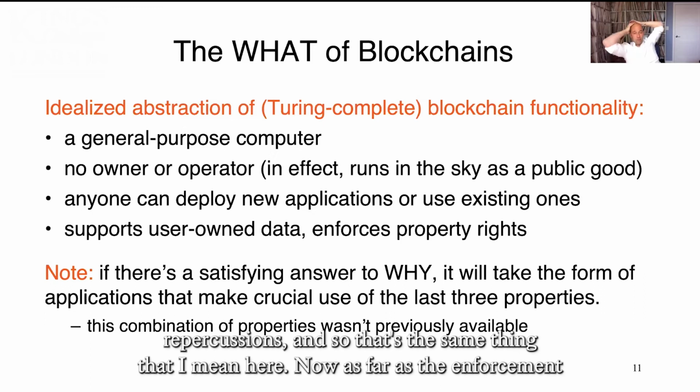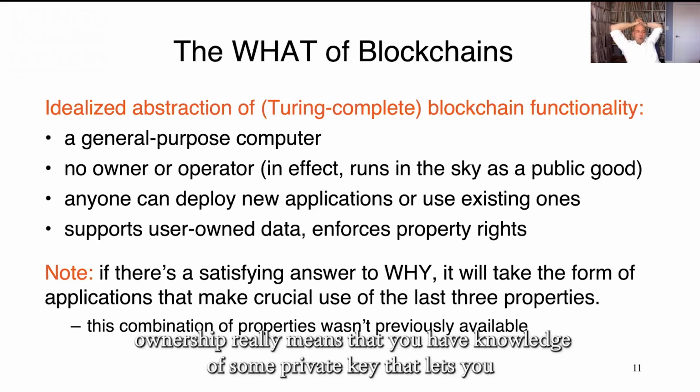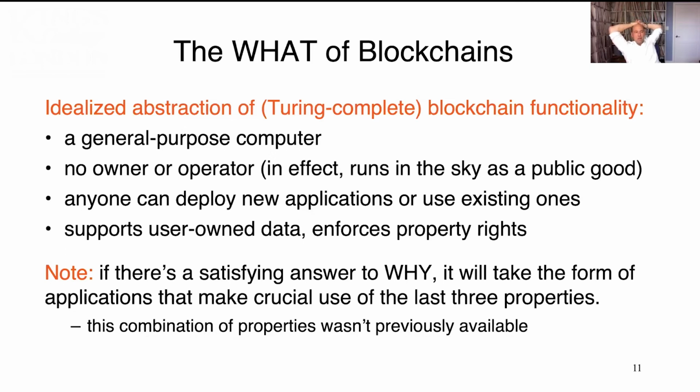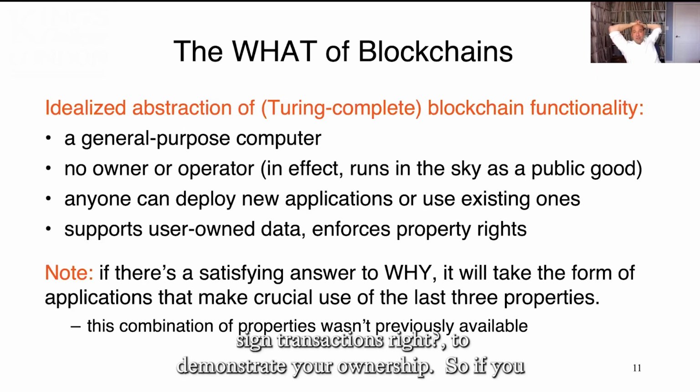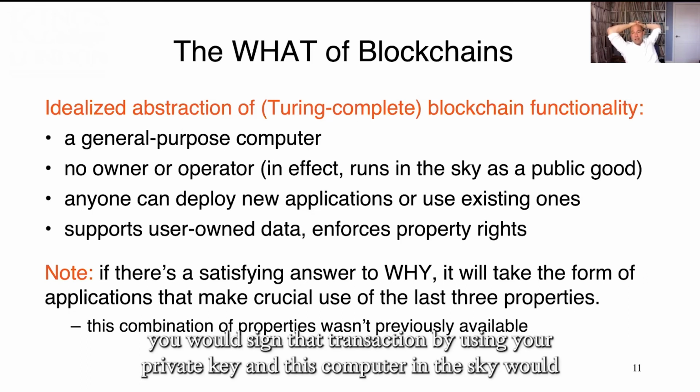Now, as far as the enforcement question, basically it's enforced with math, with cryptography. Ownership really means that you have knowledge of some private key that lets you sign transactions to demonstrate your ownership. If you wanted to transfer ownership, like transfer a Bitcoin from one person to another, you would sign that transaction using your private key.